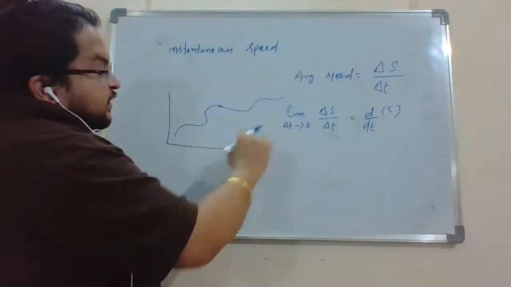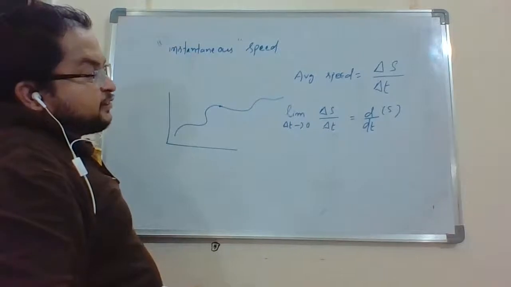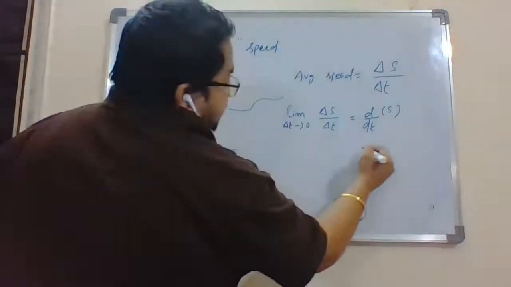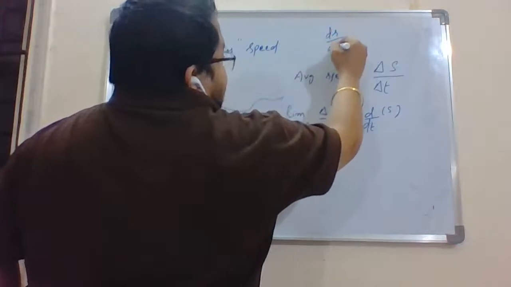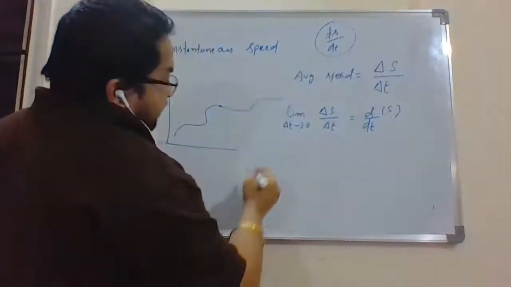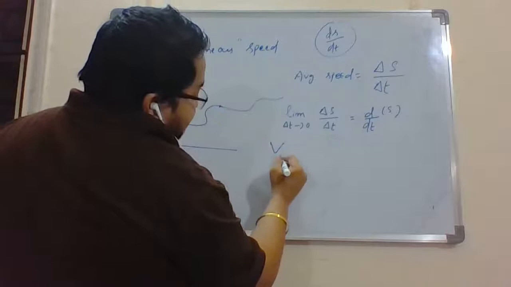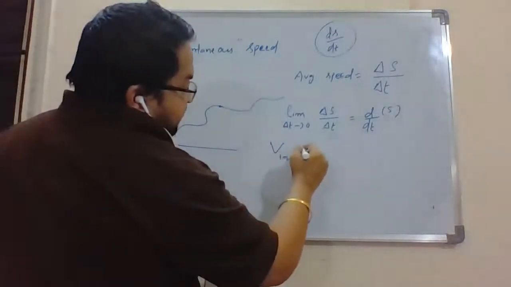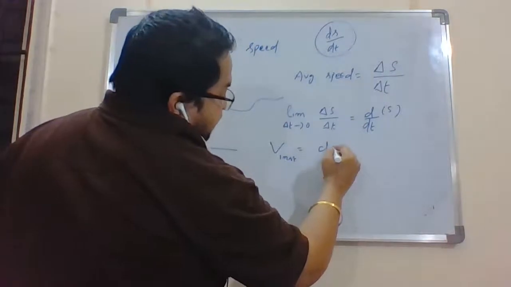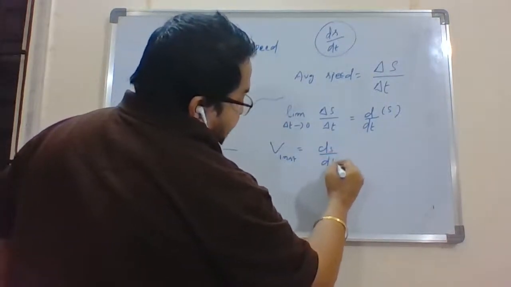We have already seen this derivative concept in our previous class. Or you can also say ds by dt. So this instantaneous speed, v instantaneous, is nothing but ds by dt.